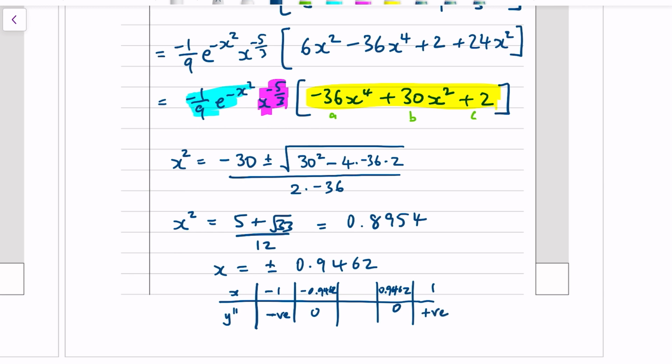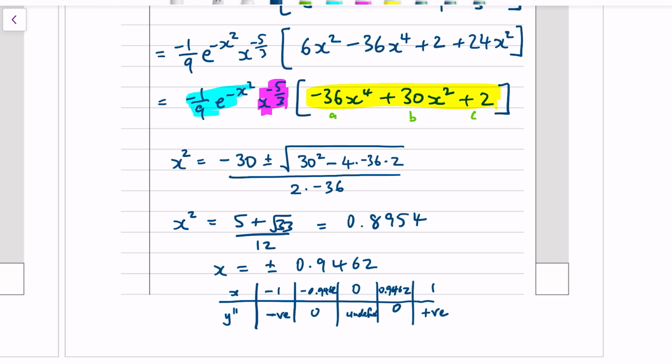And then why did I leave a gap there? Because 0 is a special case. 0 is where it's undefined. So I actually need to test a value in between minus 0.9 and 0, and between 0 and 0.9, to see that there is a change in sign there.